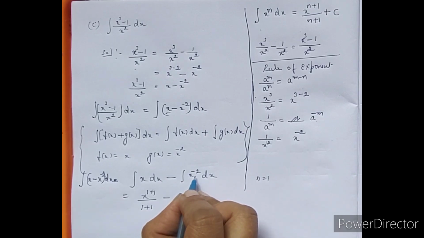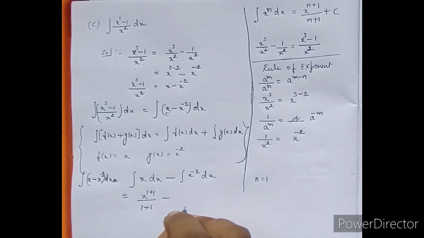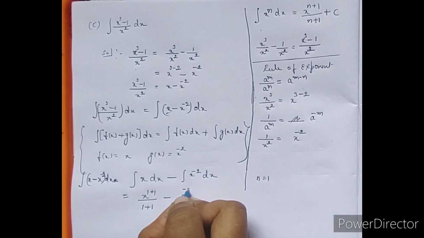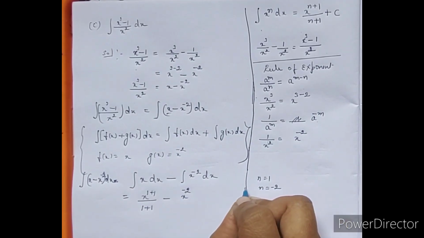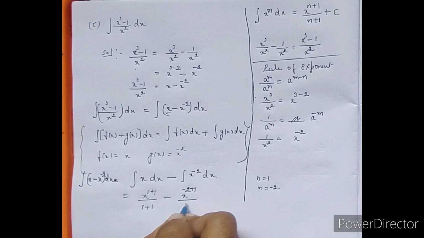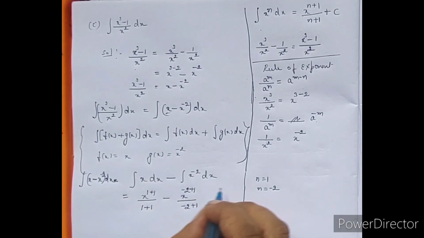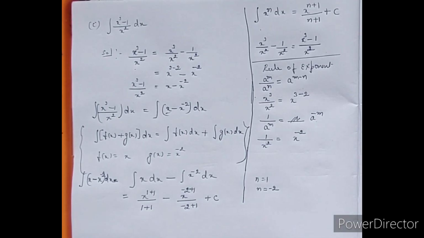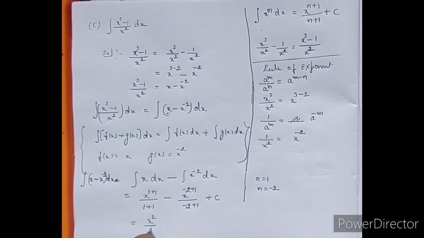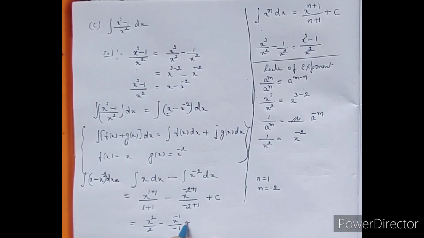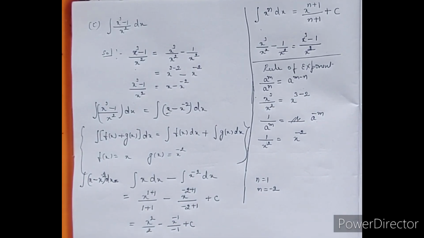minus integration of x to the power of minus 2, which is x to the power of n plus 1. What is n? In the second integral, n is minus 2, so x to the power of minus 2 plus 1 divided by minus 2 plus 1, plus the constant of integration c. So that is x square divided by 2 minus, minus 2 plus 1 is x to the power of minus 1 divided by minus 1, plus the constant of integration c.